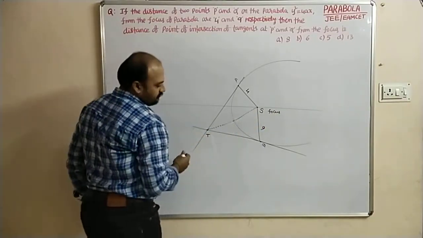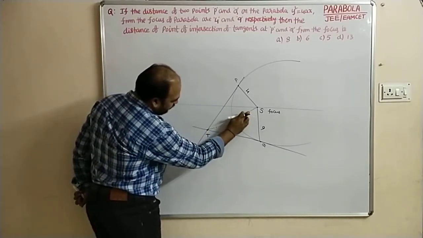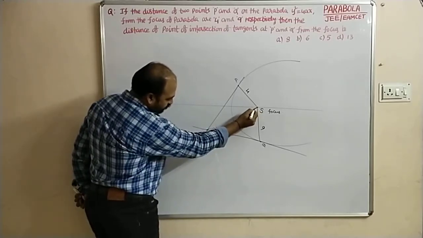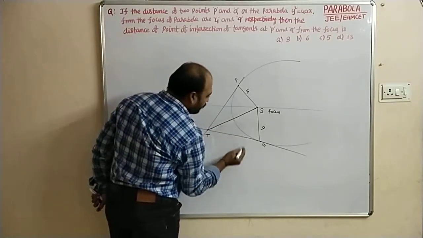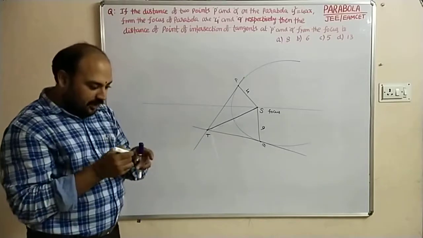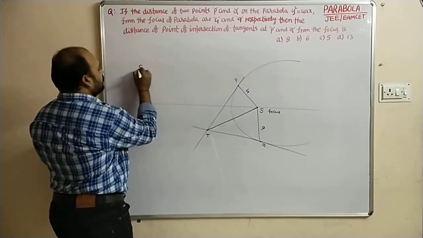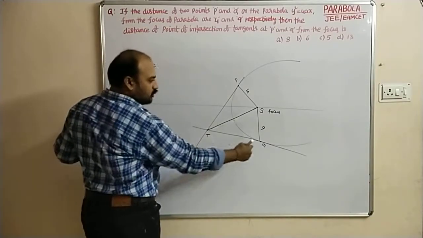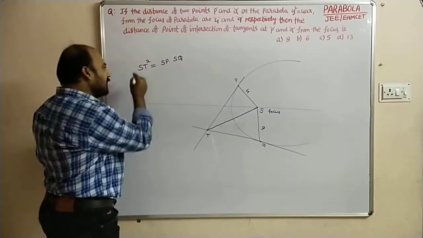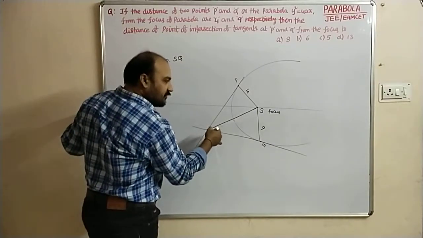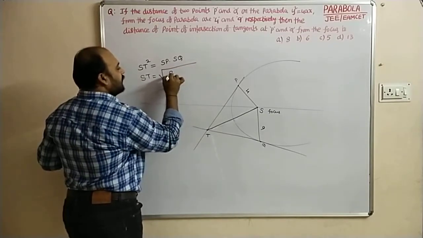So now from here, draw that straightly. ST they are asking. We have one standard result regarding this figure. ST square is equal to SP into SQ. From this, we want ST, distance from point of intersection of tangents and focus. So ST equal to square root of SP into SQ.